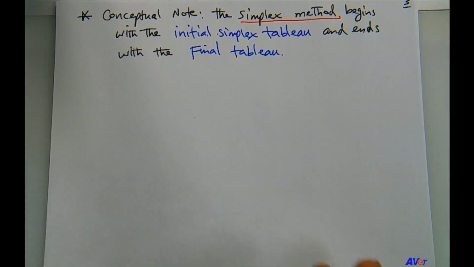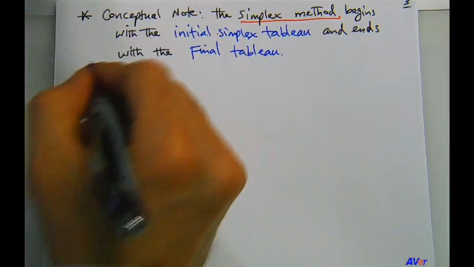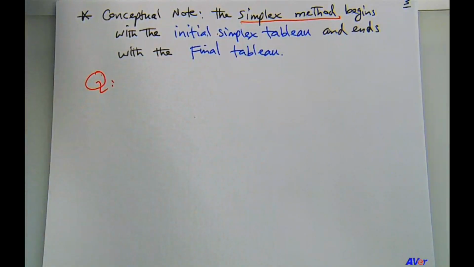Okay, so let's ask another big picture question, right? We always want to work with the big picture and then narrow it down to the details so people understand where we're going with all this.